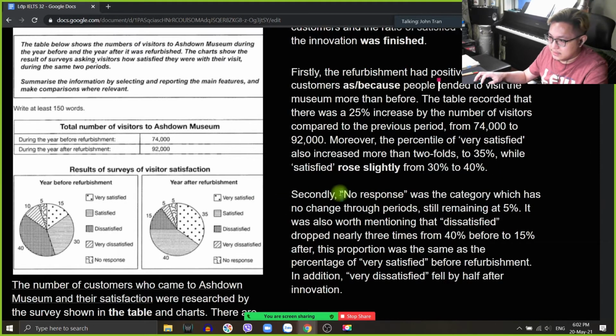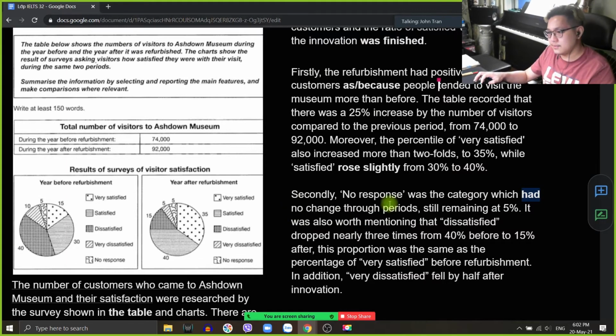Okay. Secondly, no response. Okay, let's just use this. No response was the category which has... Let's just use the same tense, quá khứ đơn này. Had no change through periods.